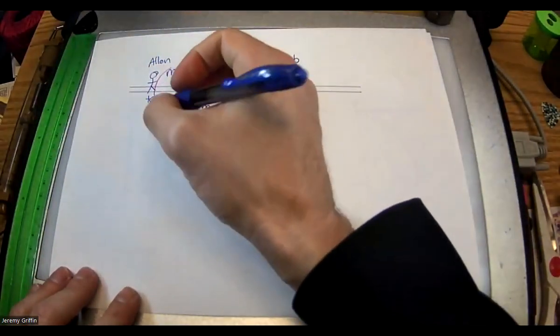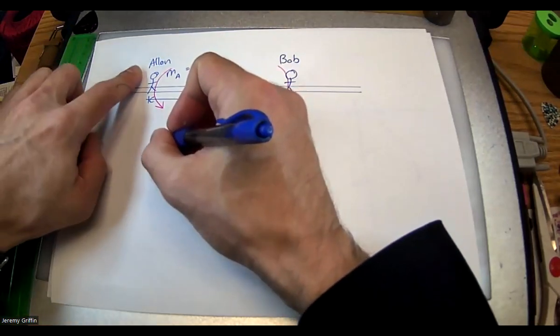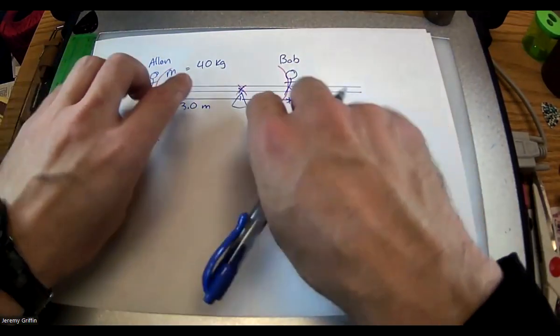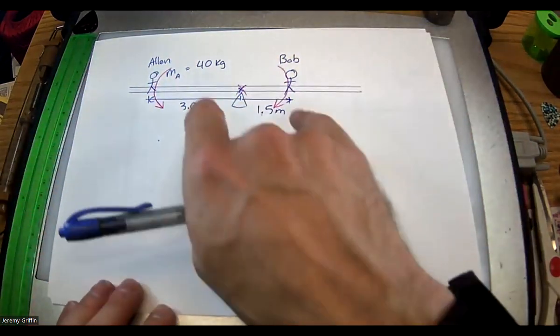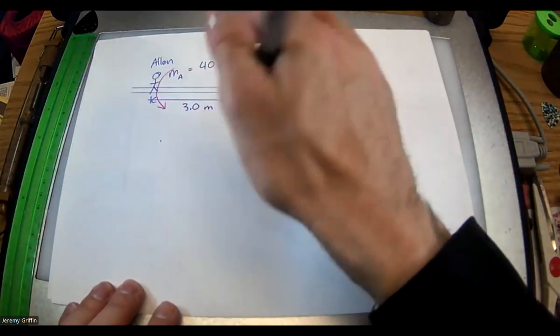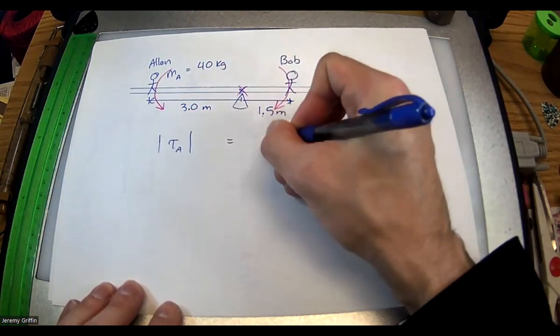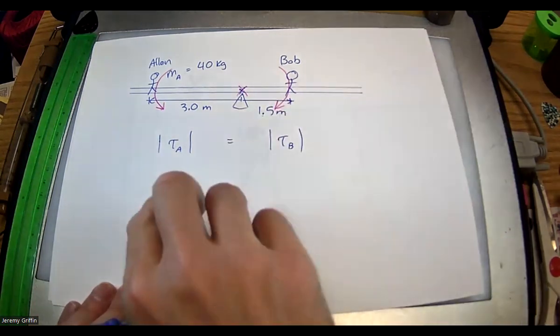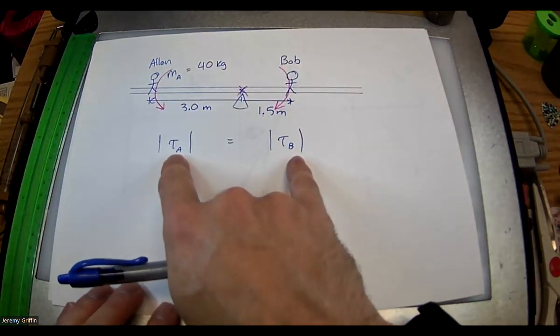So here I'm gonna say the sum of the torque goes to 0. So the torque caused by Alan and the torque caused by Bob are the same absolute value, just one's positive, one's negative. Okay, we got counterclockwise and clockwise. So I'll say like this: the torque caused by Alan, absolute value, equals torque caused by Bob, absolute value. Right? One's counterclockwise, one's clockwise. They have to be the same magnitude.